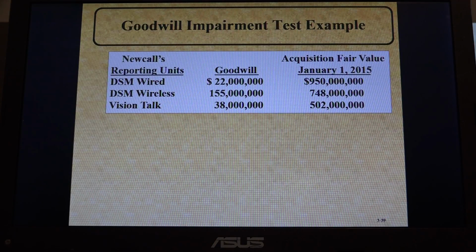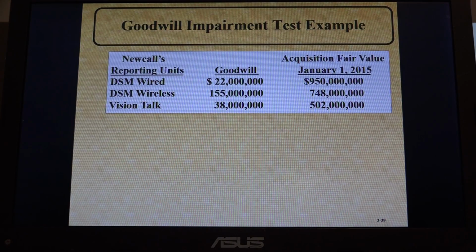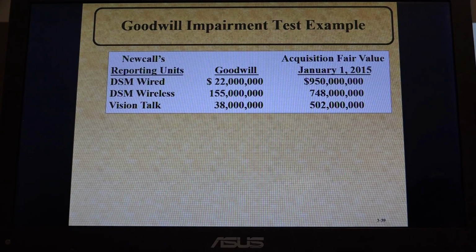But if there's a greater than 50% chance that goodwill is impaired, then you have to go to the quantitative test. So anyway, let's say in this case, after doing the qualitative test of goodwill impairment, they determine that DSM Wireless is more likely than not to have their goodwill impaired.